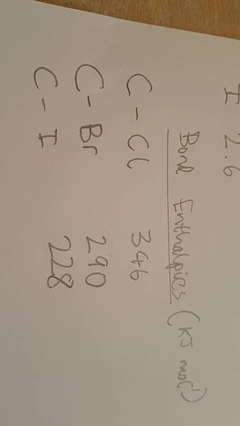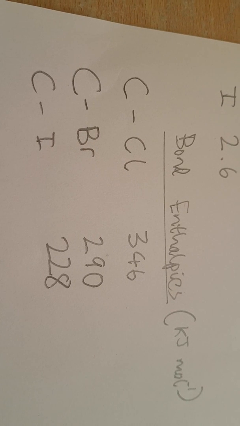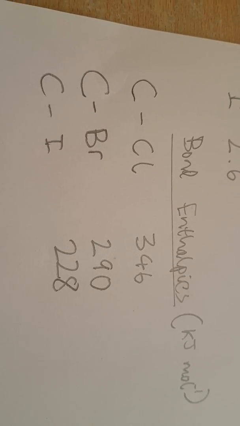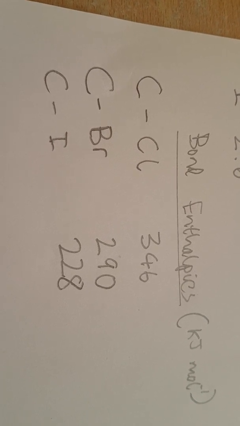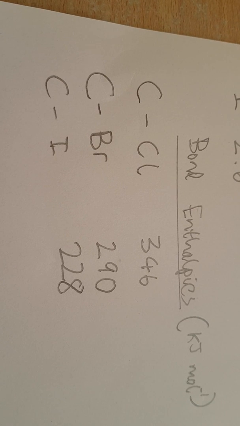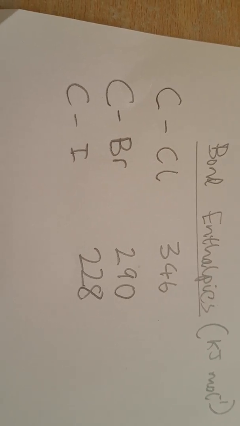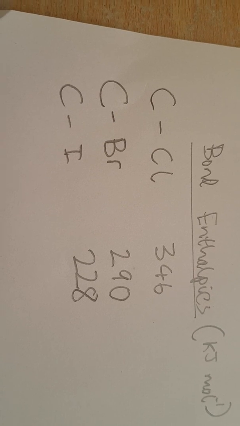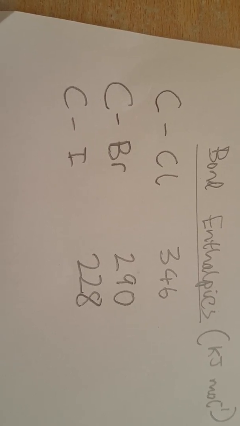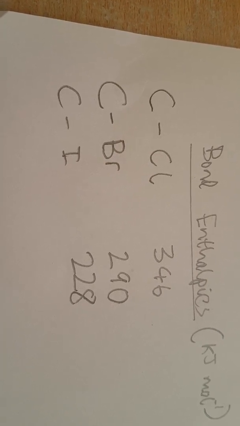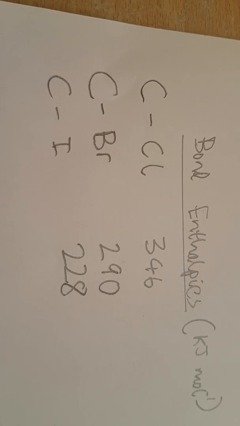Right, all done. Now, hopefully you found this fairly straightforward. It's a simple matter really of saying that the C to Cl bond is stronger than the other 2 bonds, but you must have written the C to Cl bond is stronger, not just the Cl bond is stronger. Cl can't form a bond with itself, it has to bond to the carbon.